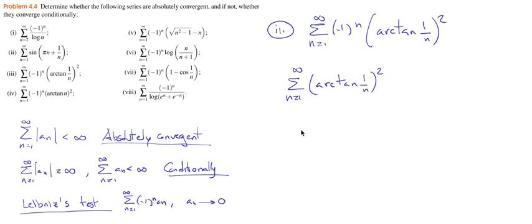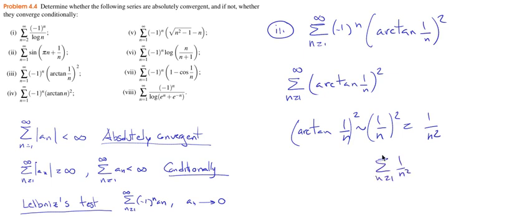Now we know that the arc tangent of 1 over n is asymptotically equivalent to 1 over n, right? So the arc tangent of 1 over n squared is asymptotically equivalent to 1 over n squared. But the series of 1 over n squared from n equals 1 to infinity is convergent, okay? So this means that this series is convergent.